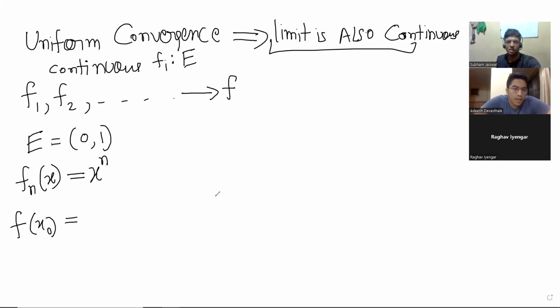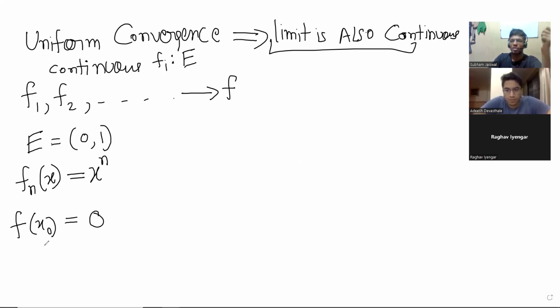For just any x naught, what should the limit be? 0. Because you take x naught, then x naught square, and so on. Where is this going to go? To 0. So that is easy; f is just 0.